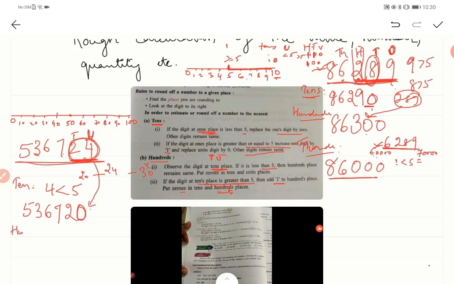Let's go for hundreds place rounding off. You want to round off at the hundreds place, so check your tens place now. In the tens place it is 2, which is less than 5.